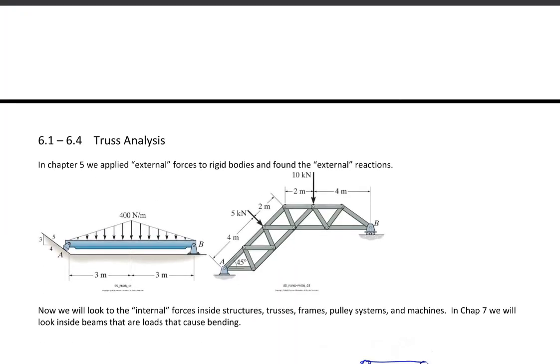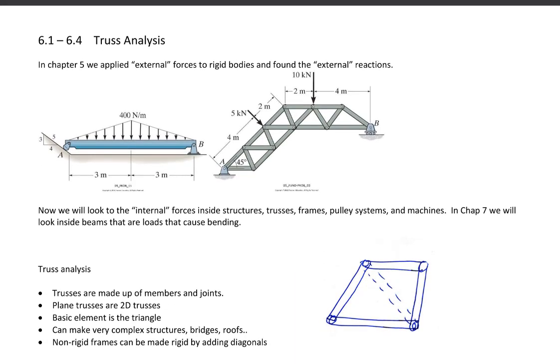So what is a truss? Well, in Chapter 5 we talked about external forces that were applied to rigid bodies. Those external forces could be a load, but they could also be the reaction. Those are considered external. However, you can see from this mechanism that clearly there's more to it than just a load on a stick or a load on a beam.